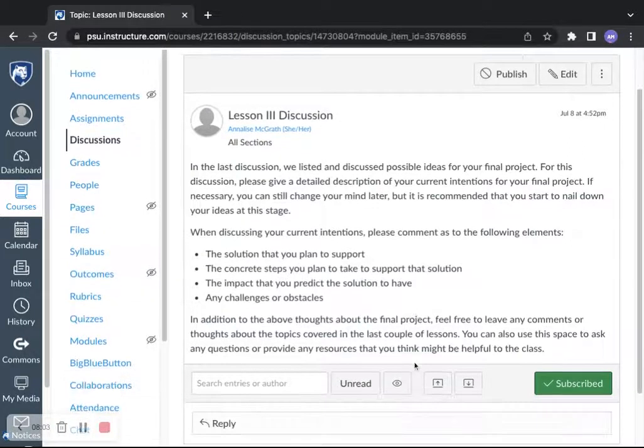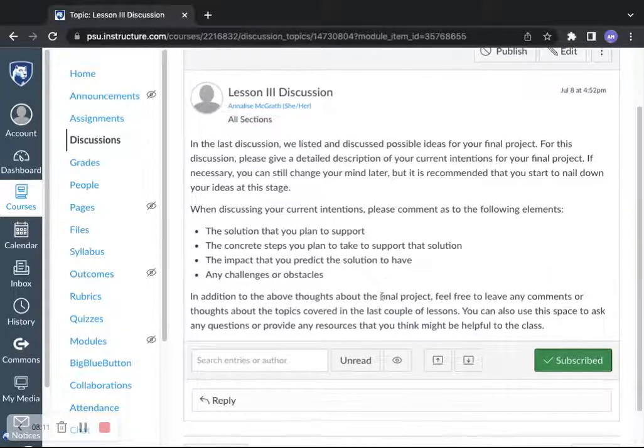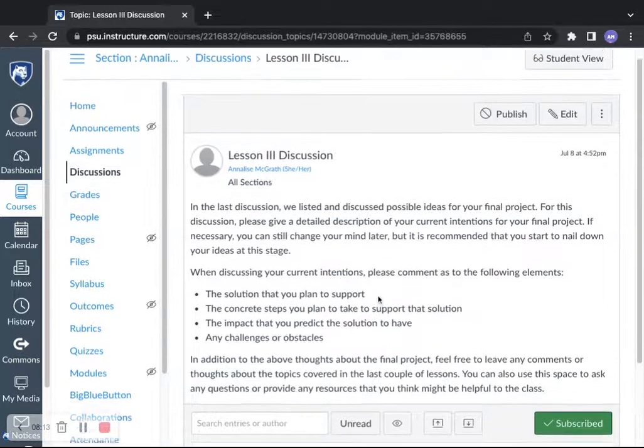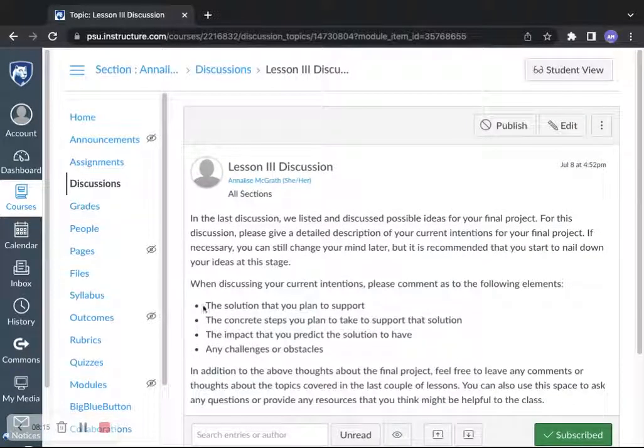Here, they're being asked to think pretty concretely at this point about what they want to do for their final project. And this assignment not only will help them start to think more concretely, because in a few weeks it will be due, but also it's going to allow them to get feedback about what they plan to do from other learners and also from the class instructor as well.